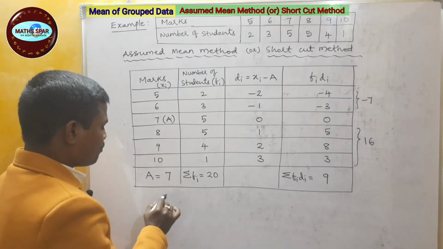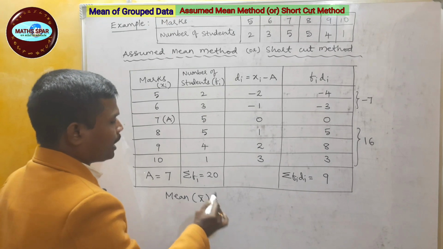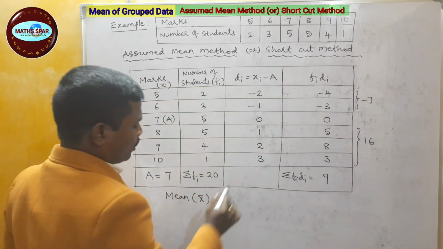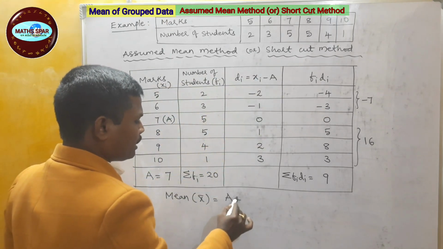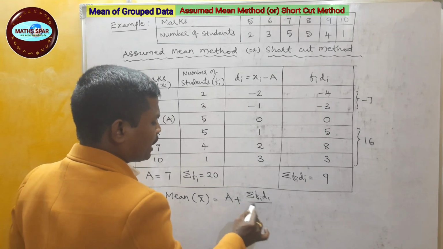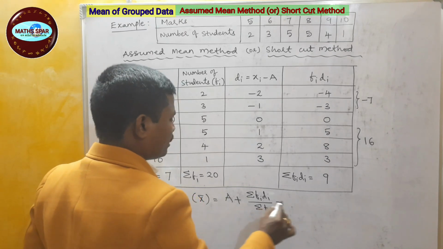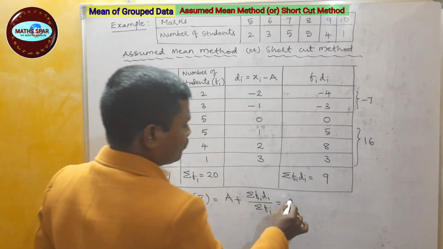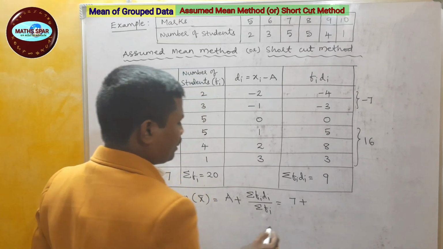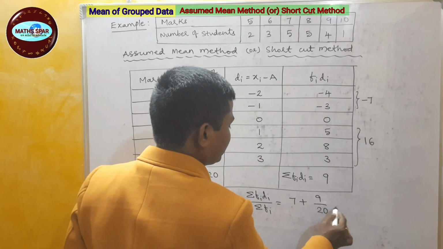So now mean x bar by assumed mean method or shortcut method is a plus sigma fi di by sigma fi, that is nothing but a is 7, which is our assumed mean, plus 9 divided by 20.